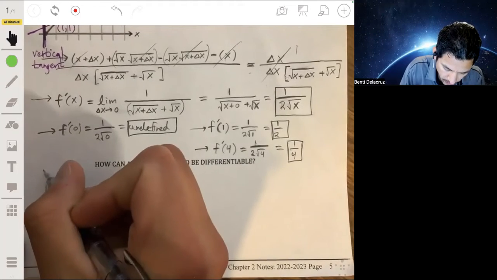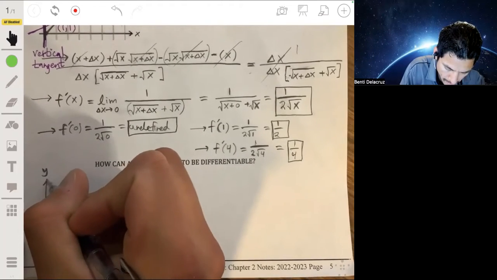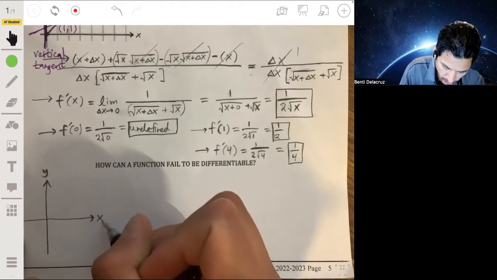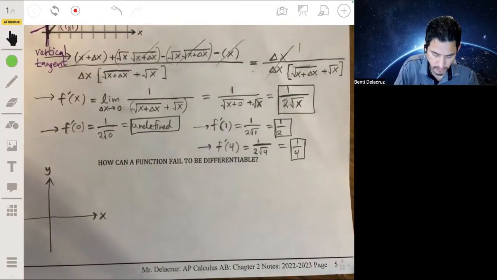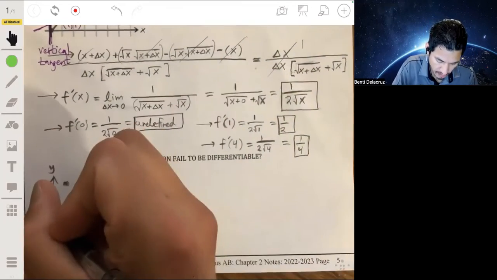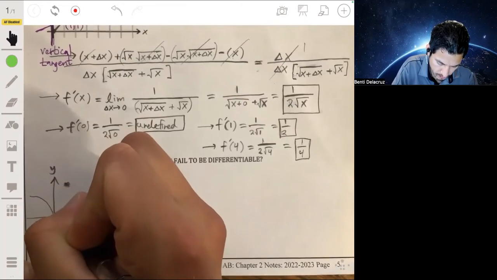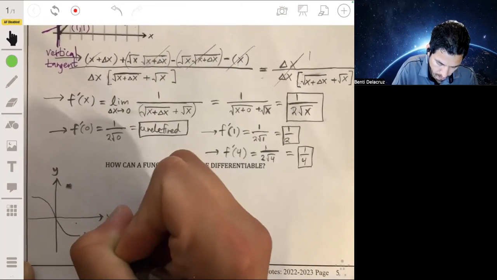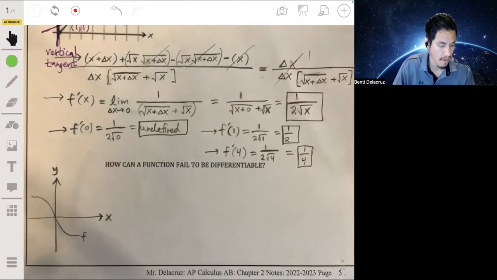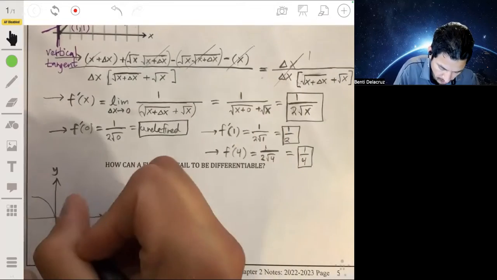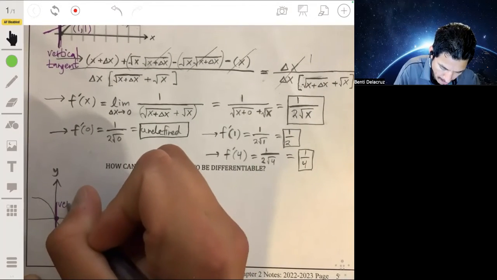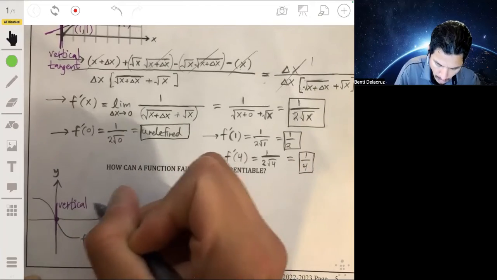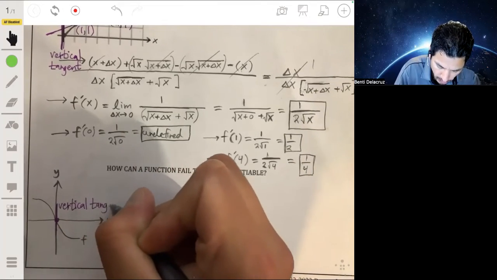An example could be our cube root graph, where the graph maybe does something like this. Well, what's that? So you have a vertical tangent line here. Vertical tangent line.